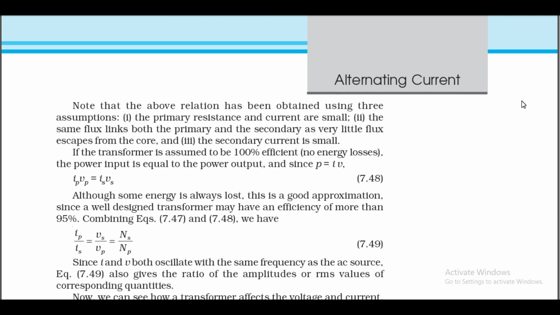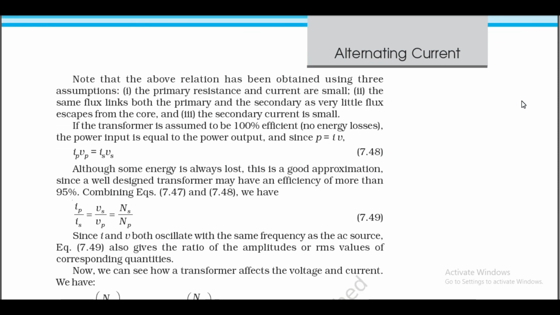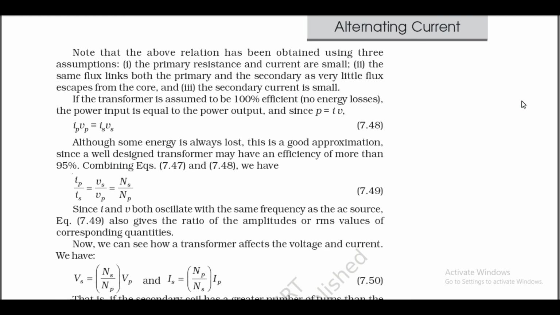If the transformer is assumed to be 100% efficient, with no energy losses, the power input is equal to the power output, and since P is equal to IV, Ip Vp is equal to Is Vs, although some energy is always lost. This is a good approximation since a well-designed transformer may have an efficiency of more than 95%.